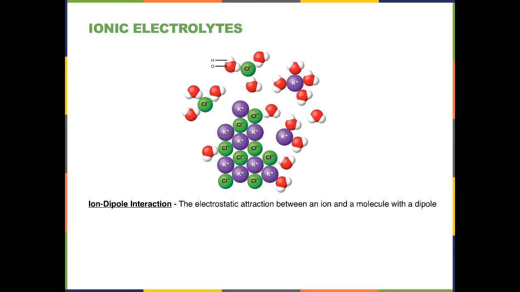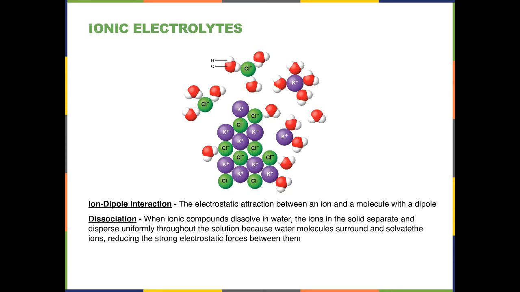And you can see here that the potassium ions are associated with the negative end, which is represented by the red of the water molecule, and that the positive end of the water molecule associates with the chloride ions.